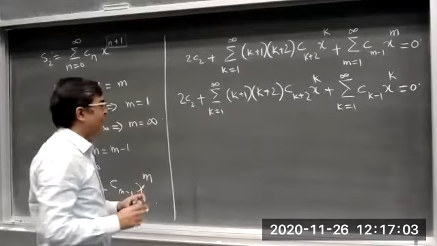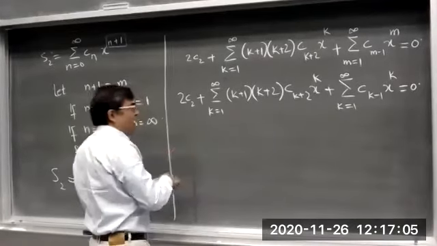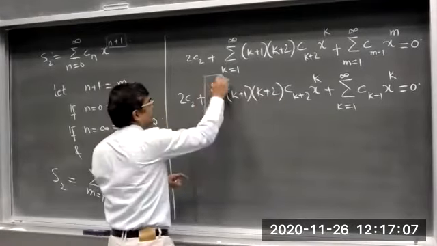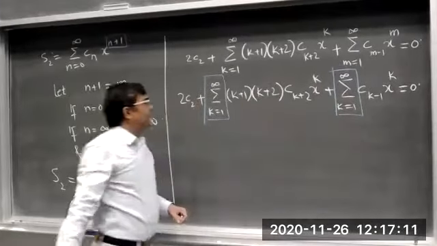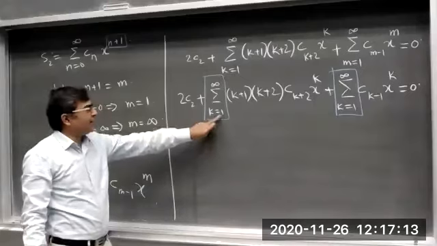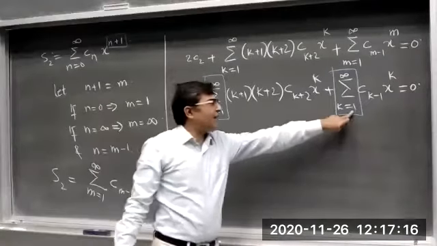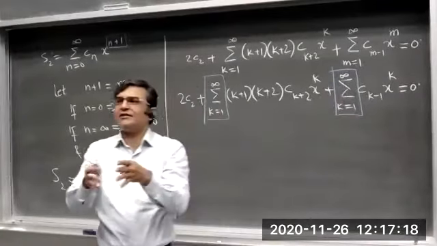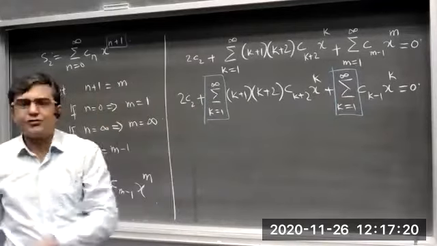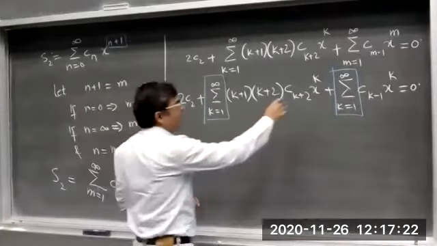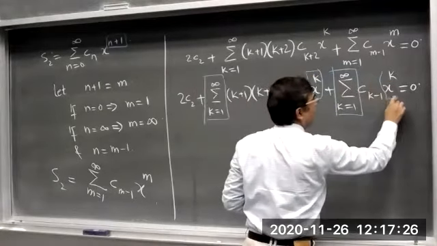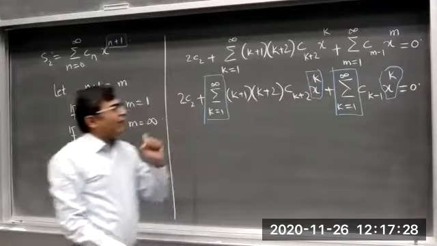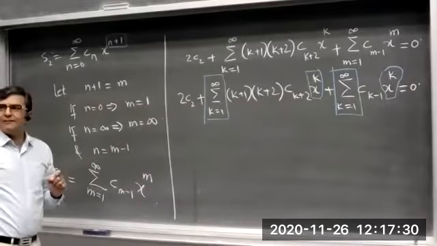Now you can see that in both series, the summation index is the same. They start from 1 to infinity. So we can take this summation outside these two terms. Similarly, here we have x power k, and here we have x power k, so the exponents of x are also identical.